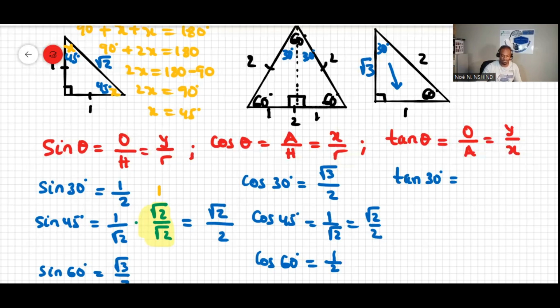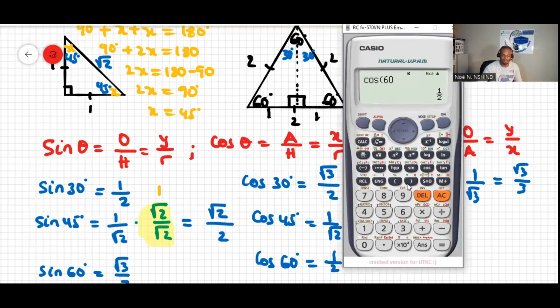So it's going to be 1 over the adjacent. The adjacent is this one, adjacent to the angle, √3. So 1 over √3. And then if we rationalize, as we did over here, multiplying by √3 over √3, this will be equal to √3/3. You can check, tan of 30 degrees equals √3/3, without using a calculator.